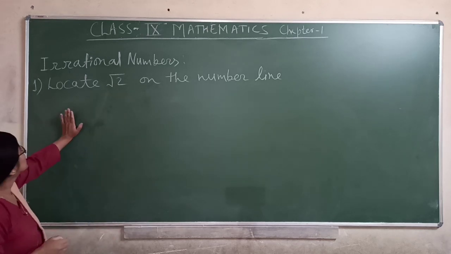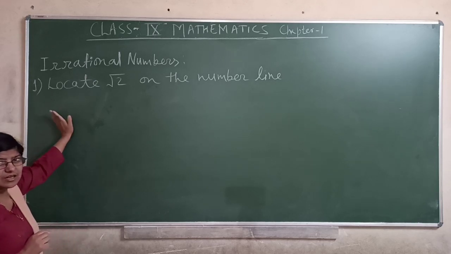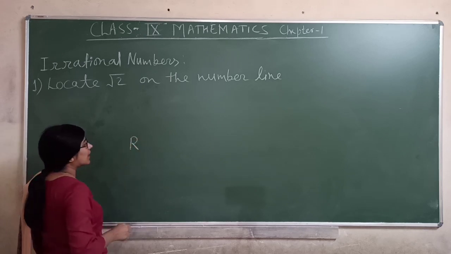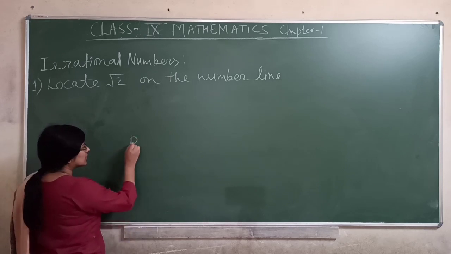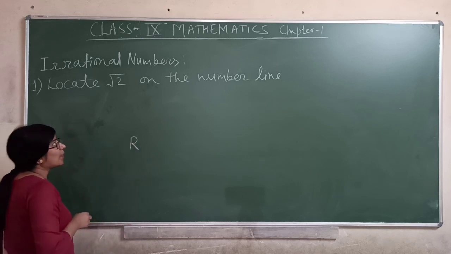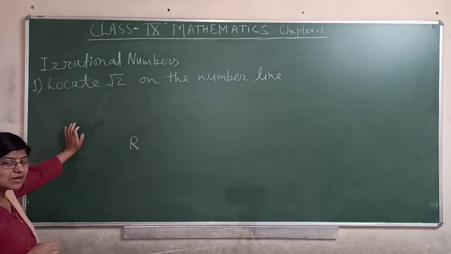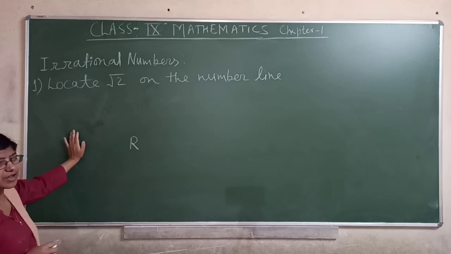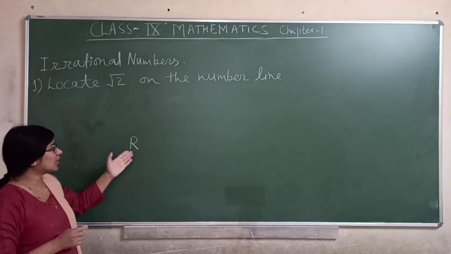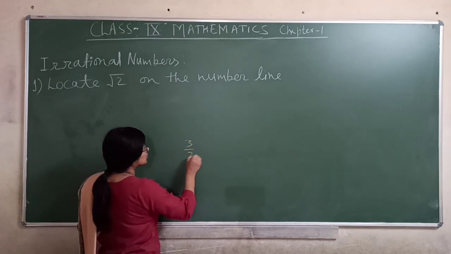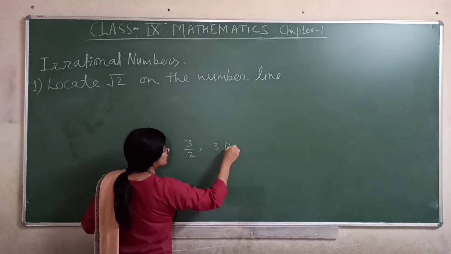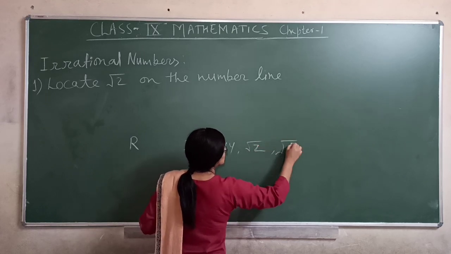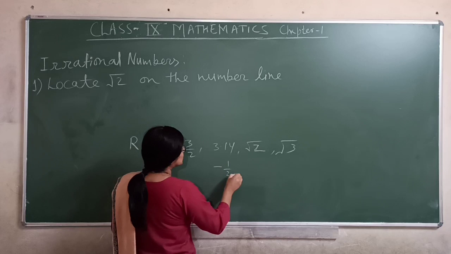I told you that rational and irrational numbers combinedly are called real numbers, and we represent real numbers by R. The collection of rational and irrational numbers is called the set of real numbers. It will contain all the numbers: 3/2, 3.14, root 2, root 3, minus 1 by 2.